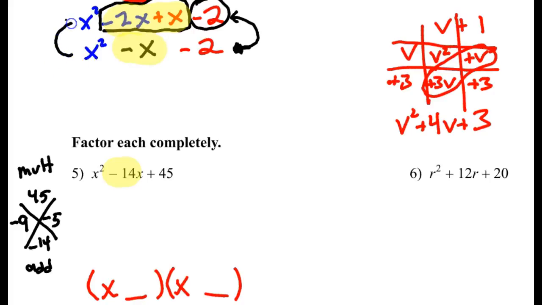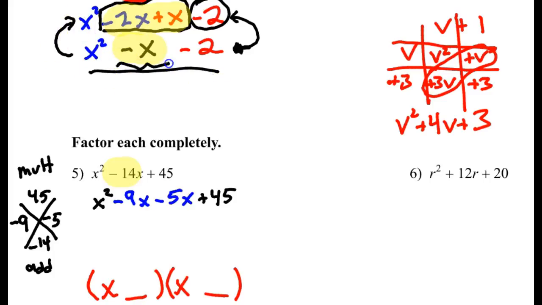I can go back and replace the middle term, the negative 14, with the minus 9x and the minus 5x. So that was the first step. I'm just trying to do this whole thing in reverse. I have three terms, and I replace that middle term, which usually comes from adding two things together, and I'm trying to break it apart instead.